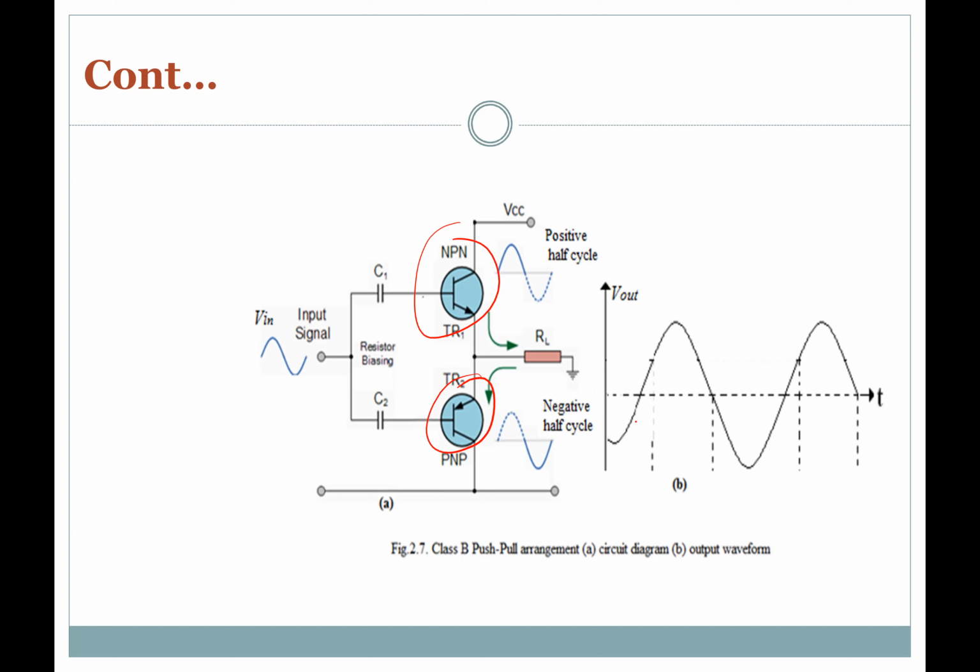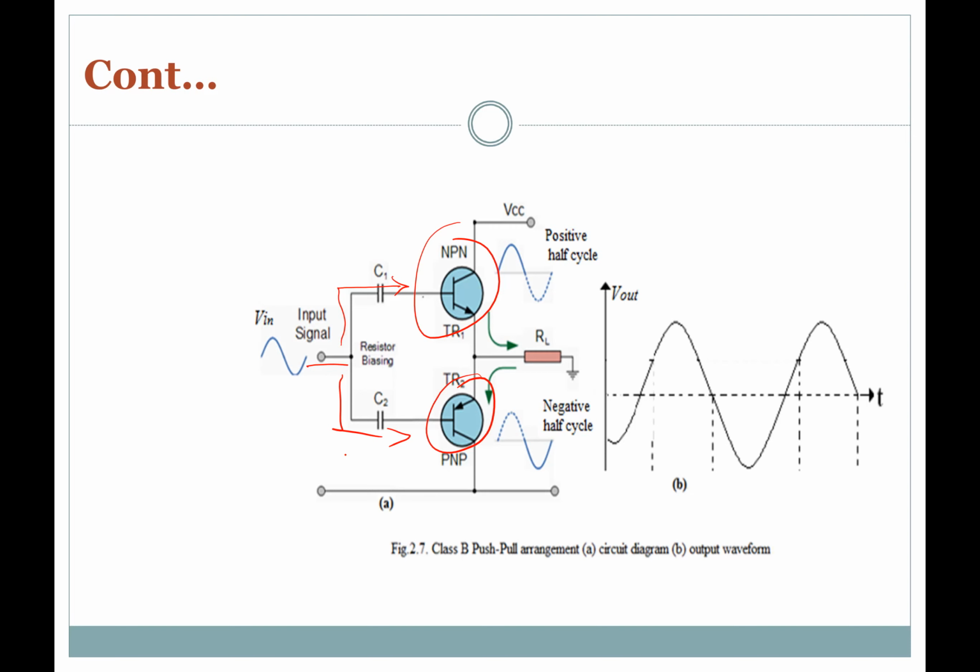One being the NPN type and the other being the PNP type, with both power transistors receiving the same input signal to the base, that is equal in magnitude but opposite in phase to each other. Now this results in one transistor only amplifying one half cycle.